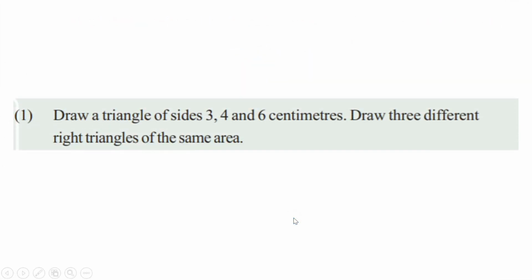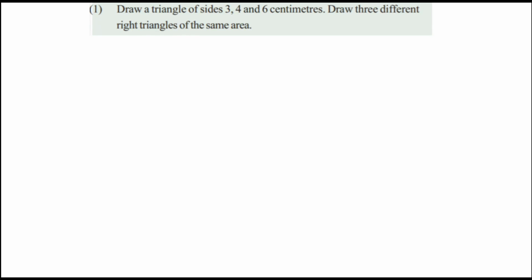Now let us do some problems from page number 11 and 12 of your textbook. First problem, draw a triangle of sides 3, 4 and 6 centimeters. Draw three different right triangles of the same area. First of all, let us draw the triangle with sides 3, 4 and 6 centimeters.